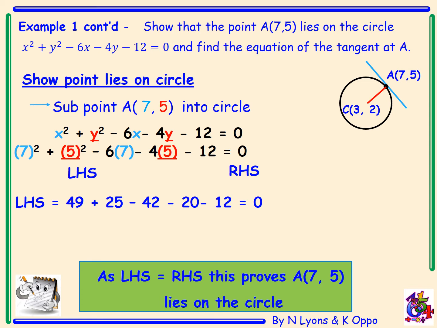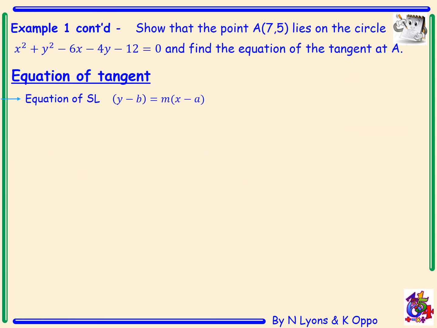So finally, the last step of this question was to find the equation of the tangent. So we know A definitely lies on the circumference. We have found our centre as well. So we're now going to find the equation of the tangent. So first step is we need to use the straight line equation y minus b equals m bracket x minus a.